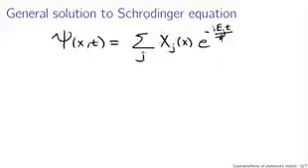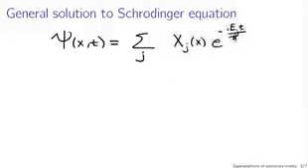Now, I've left something out, and what I've left out is quite important here. We need some constant, c sub j, that tells us how much of each of these stationary states to add in. So this is going to be a solution to the Schrodinger equation since it's constructed from solutions to the Schrodinger equation.